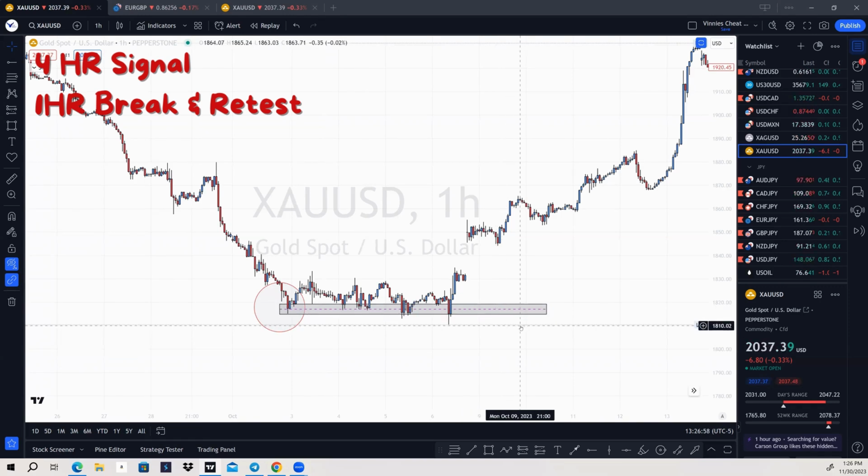What I mean by break and retest is the price is always going to come back and retest the low or the high of that initial signal. Let me say that one more time. Price is 9 times out of 10 always going to come back and retest the low, or the high, of that initial signal.